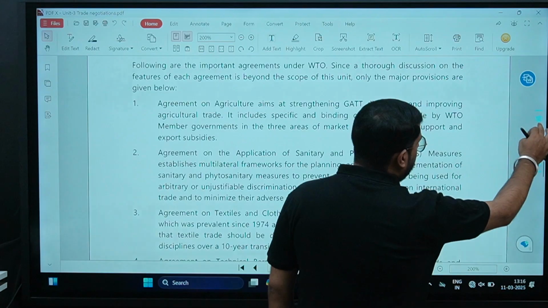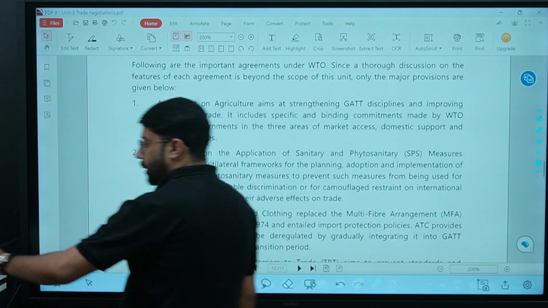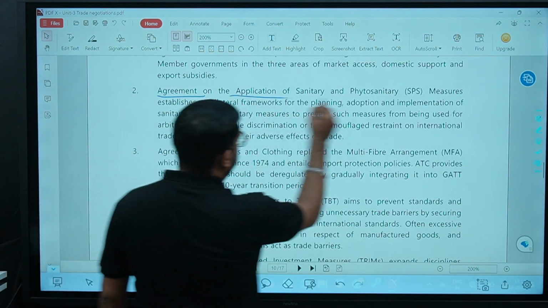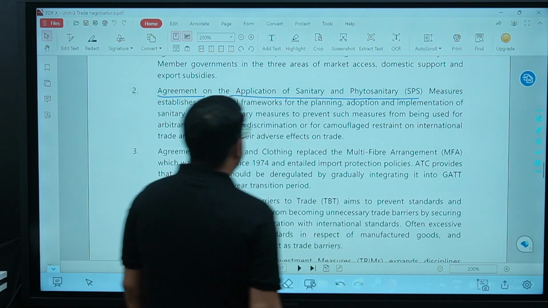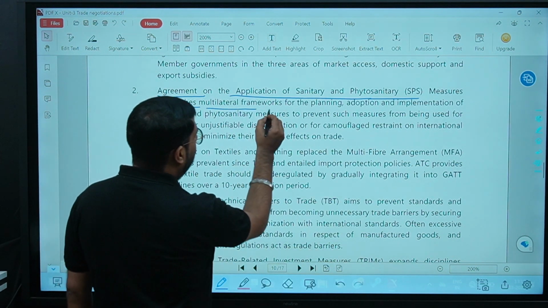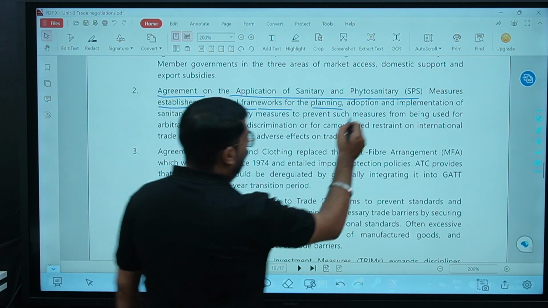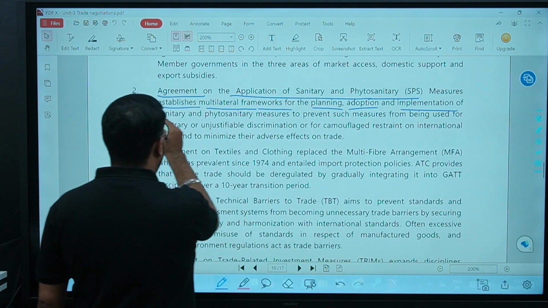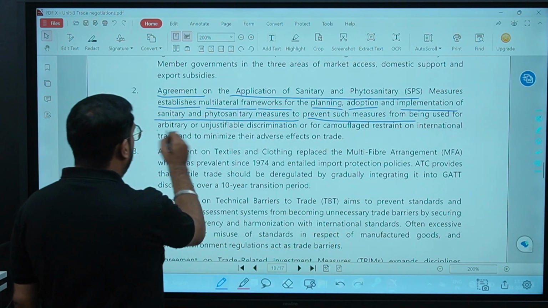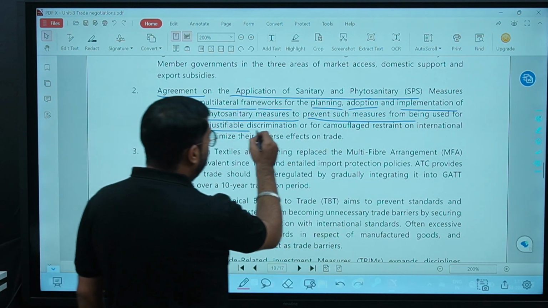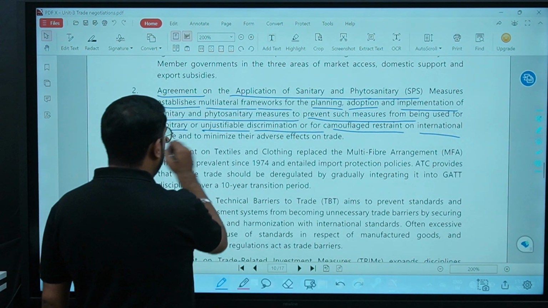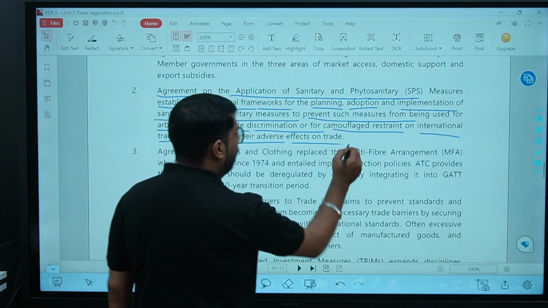Second, we have already studied before, that is the SPS measures. If you remember, agreement on the application of sanitary and phytosanitary measures, where we establish multilateral frameworks for the planning, adoption and implementation of sanitary and phytosanitary measures to prevent such measures from being used for arbitrary or unjustifiable discrimination or for camouflaged restraint on international trade, and to minimize their adverse effect on trade.